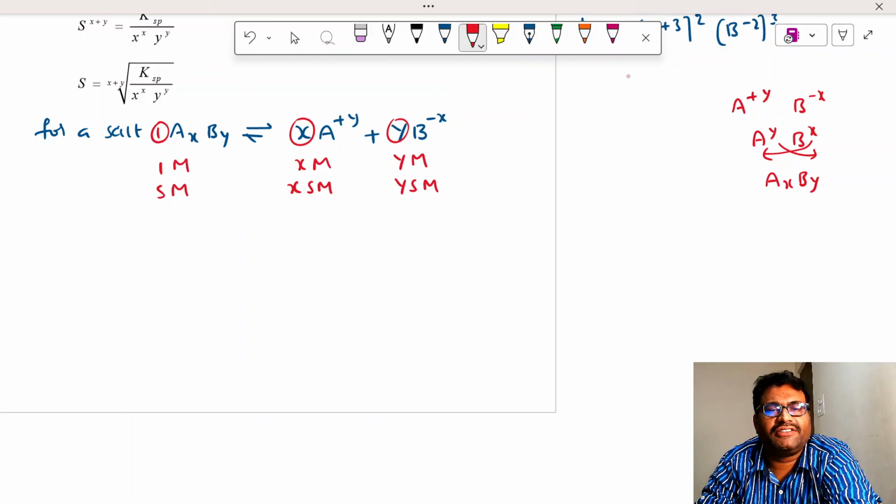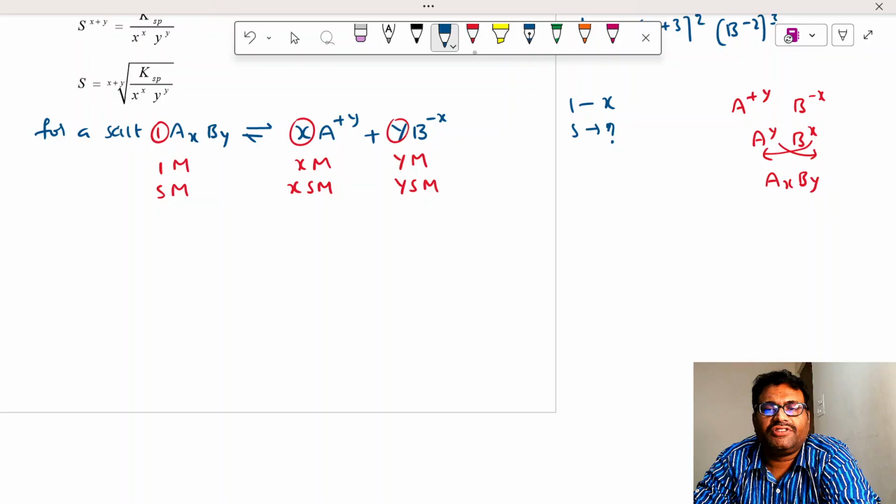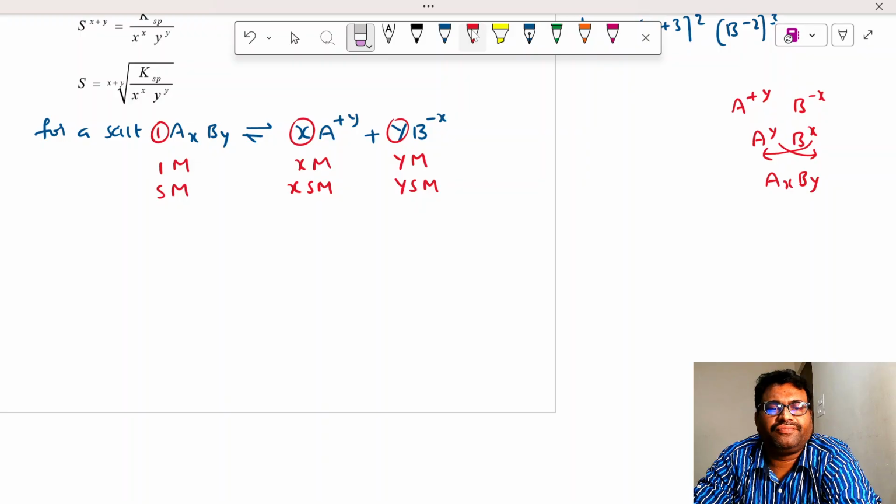Are you getting this? One gives you X, then S gives you how much? Crisscross, S into X. Okay, this part also you need to understand, right?